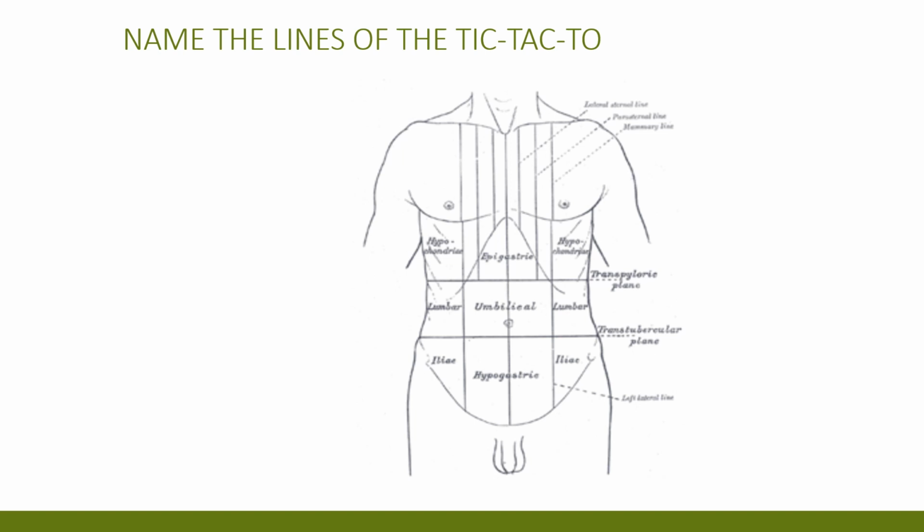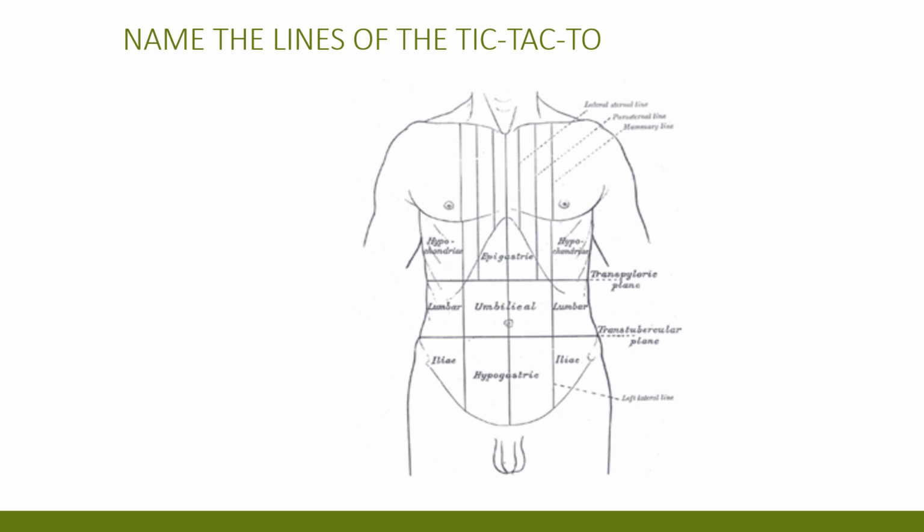Now I call it the tic-tac-toe grid, but if you look at it as a tic-tac-toe grid, if you went back to the other image, you would see you have two lines going down the middle and two lines going across. Now this shows different names of those lines going down the middle, straight up and down, the longitudinal ones. The one that's right in the middle of the clavicle, I call the mid-clavicular line.